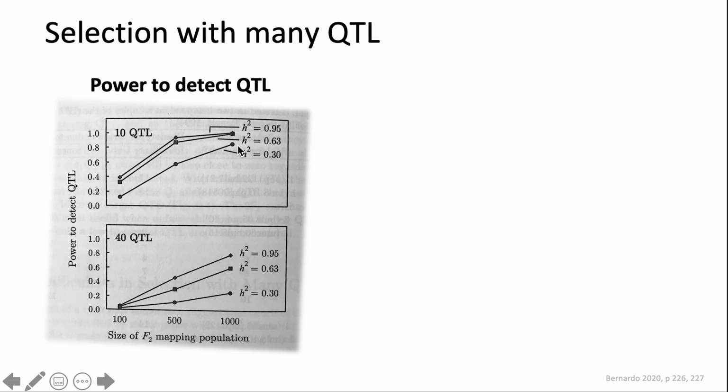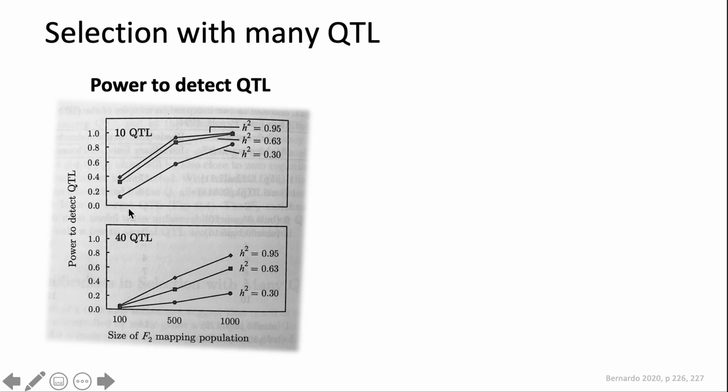As you can see here, with a heritability of 0.3, which is a common heritability for complex traits such as yield, we have to have a huge population size to have enough power to detect 10 QTLs.